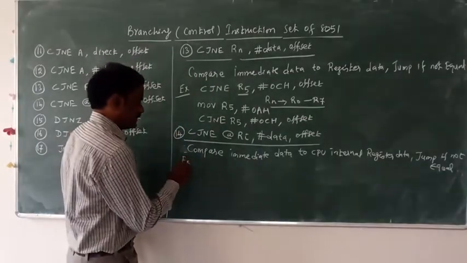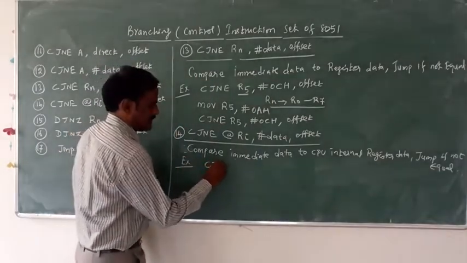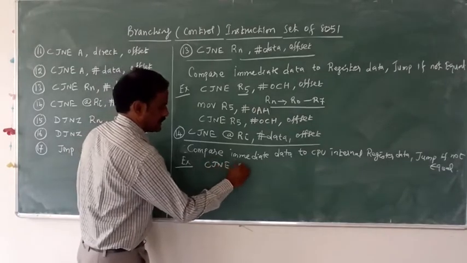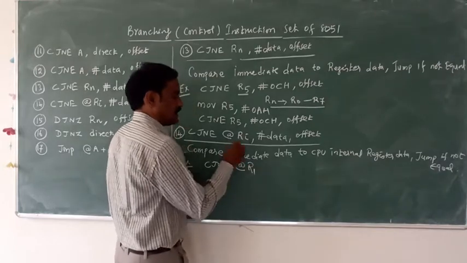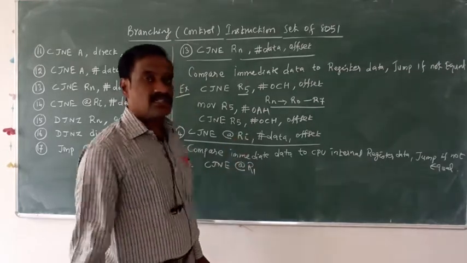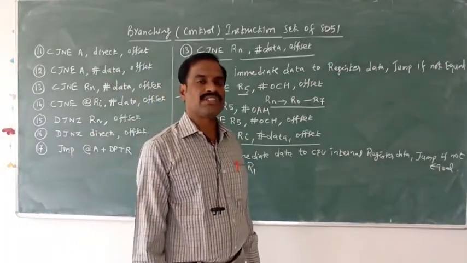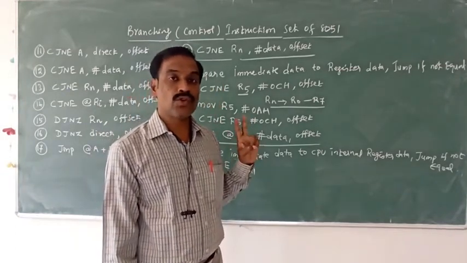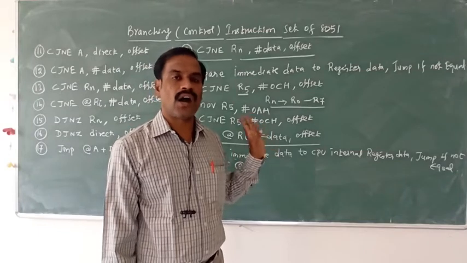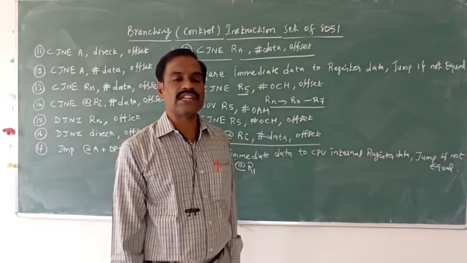Example, CJNE @R1. Here Ri means CPU register, internal CPU register. We have to use only two registers, either R0 or R1, not any other register.